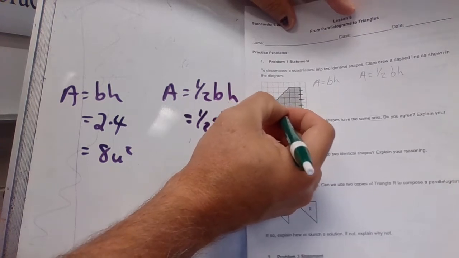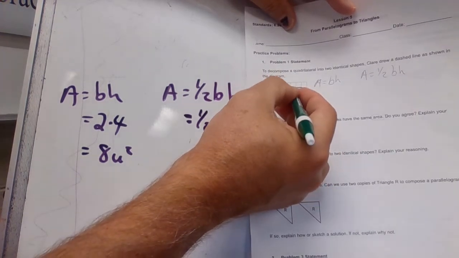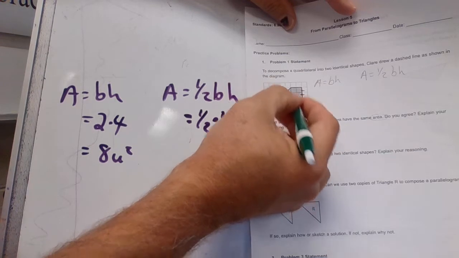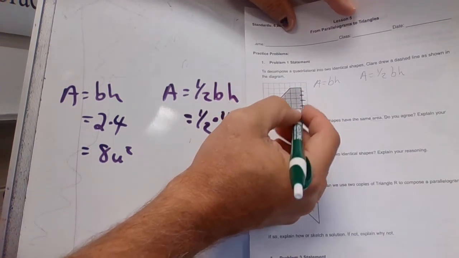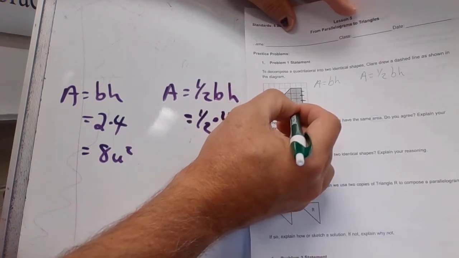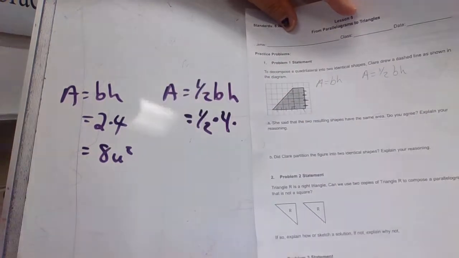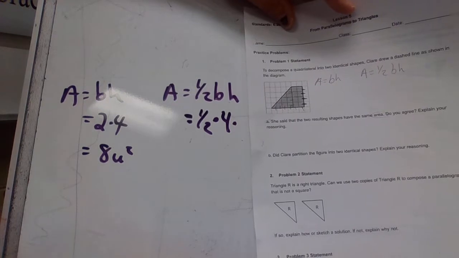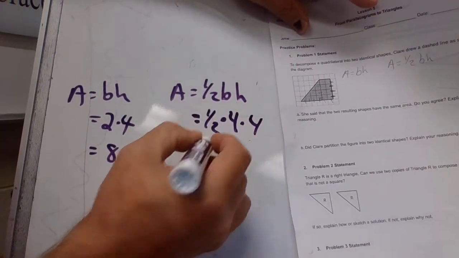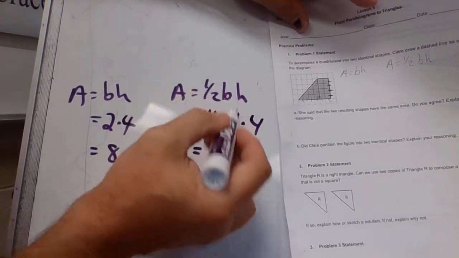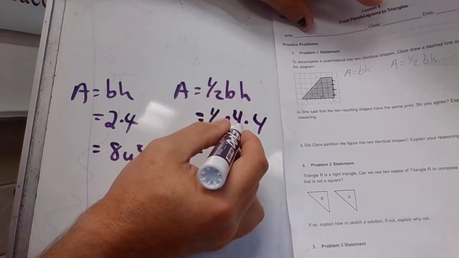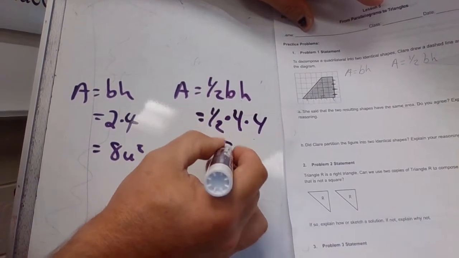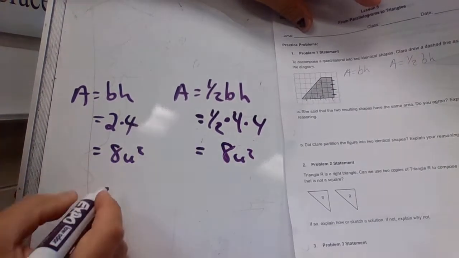So we're going to use this right here, because it comes to this tip, and this dimension is perpendicular to this base. The other side doesn't make a 90-degree angle. So 1, 2, 3, 4. Height is 4. When they're side by side like that, it means multiply. 1/2 times 4 is 2. 2 times 4 is 8. We know it's units squared.